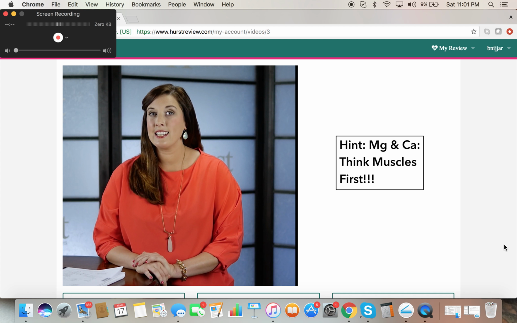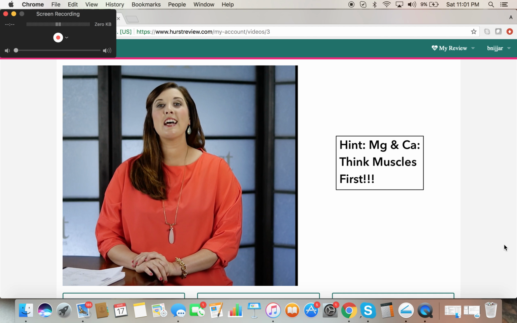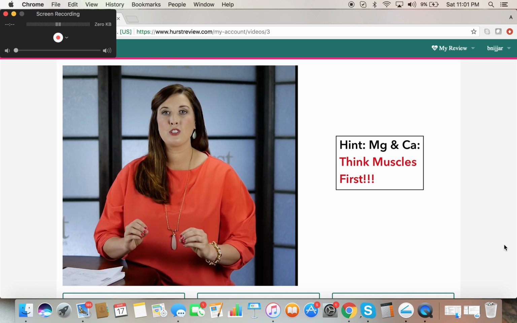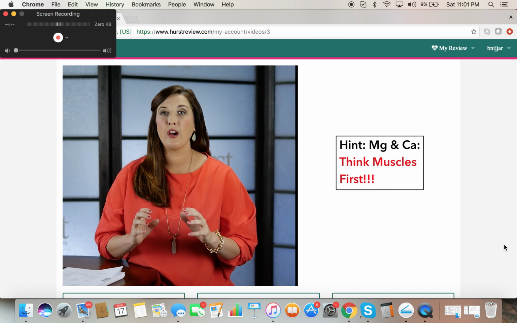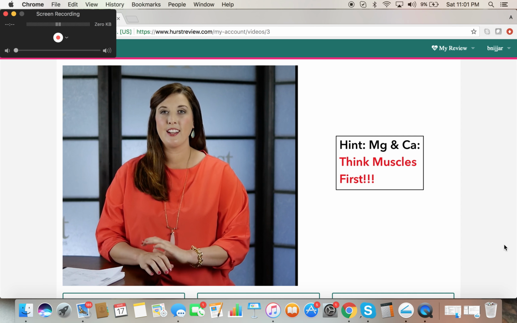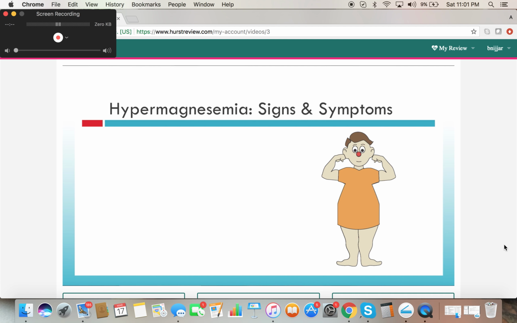Now, look at the box there. Do you see where it says hint? Anytime you get a magnesium or calcium question, think muscles first, and you'll get more questions right than wrong. Think muscles first. Now let's talk about all those signs and symptoms in the middle of your page. So, if I'm sedated, my deep tendon reflexes are going to increase or decrease? Yes, decrease. What's my muscle tone going to be like?